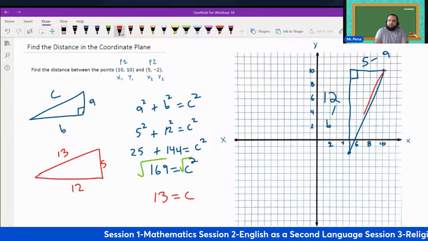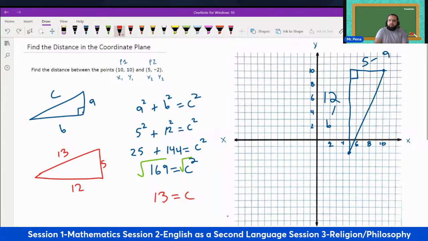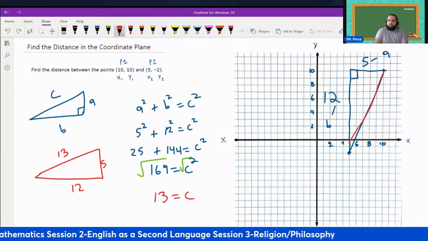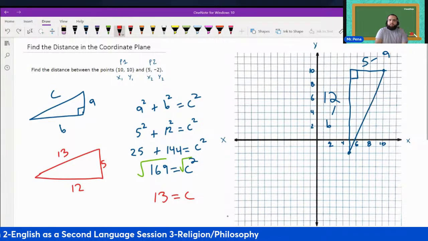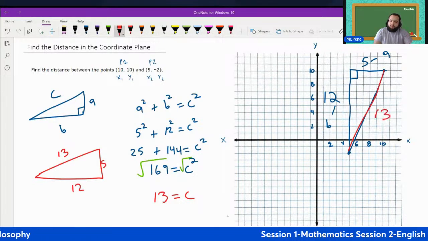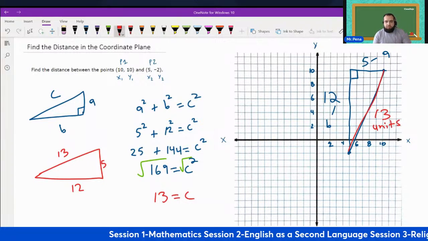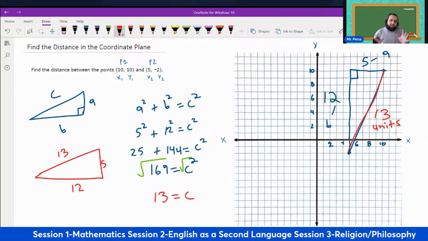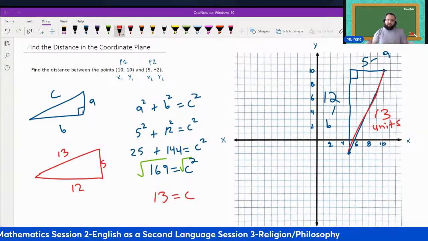So the distance between these 2 points, there you go, is 13 units. Pretty good. So this is one method of finding the distance in the coordinate plane.